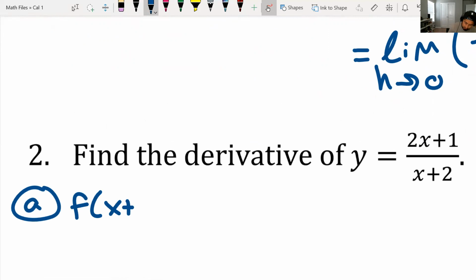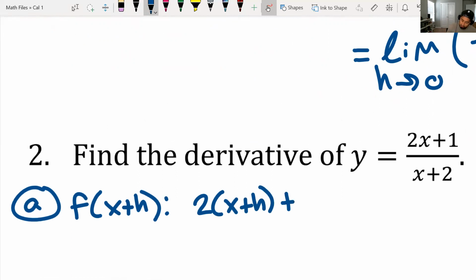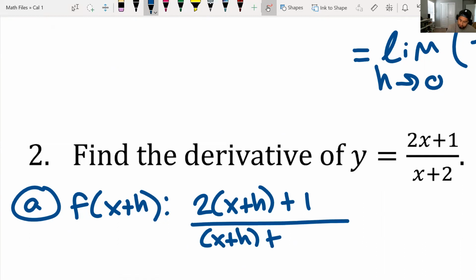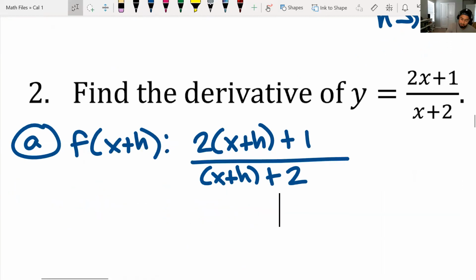F of x plus h, and we'll get 2 times (x plus h) plus 1 over x plus h plus 2. Clean it up.